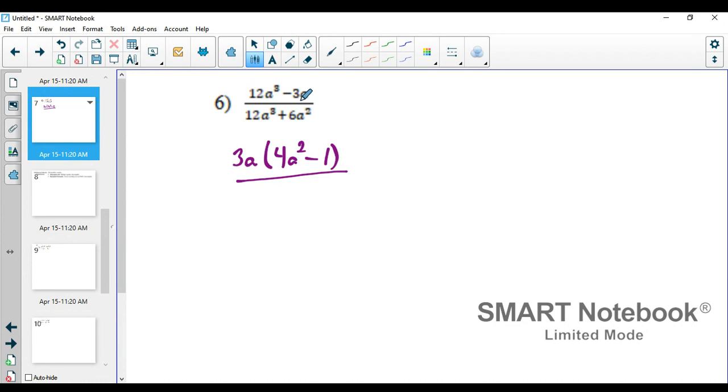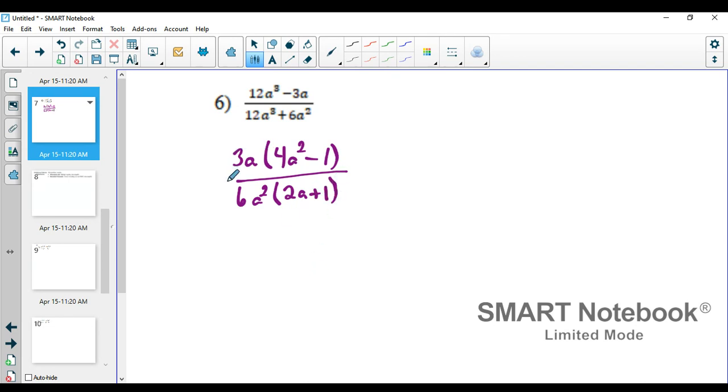And then 12a cubed plus 6a squared, their common factor is 6a squared. So 12a cubed divided by 6a squared is 2a. And then 6a squared divided by 6a squared is 1, so we have plus 1.